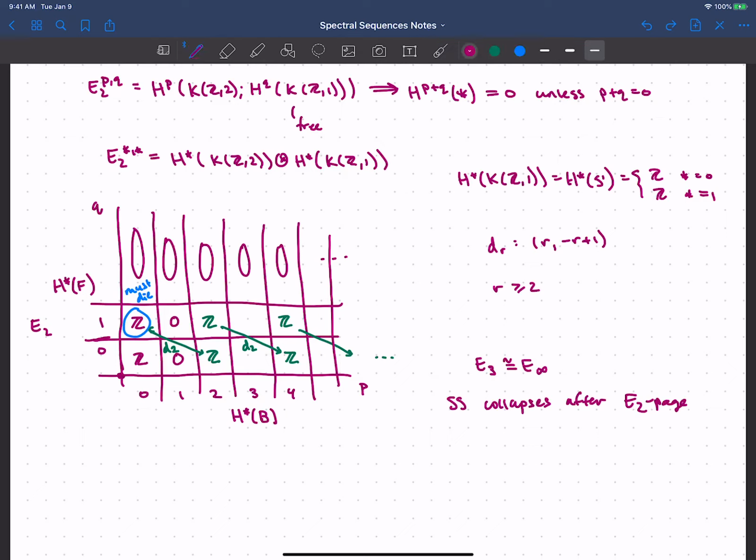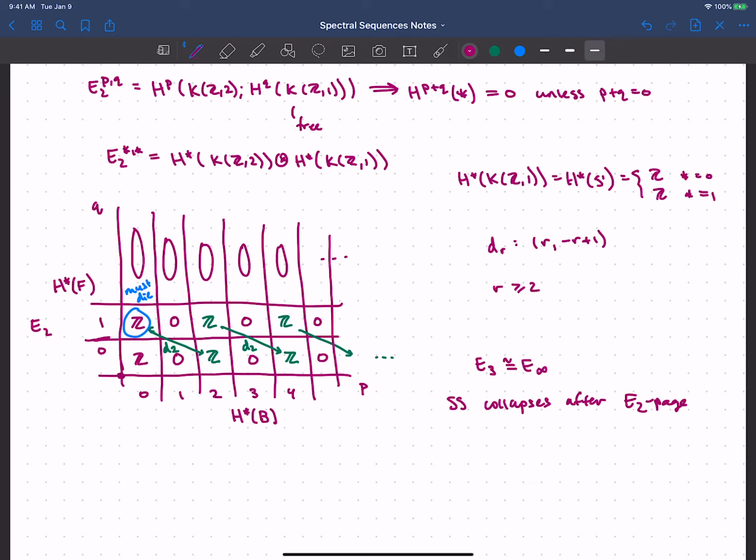So actually I know that this is a 0. And then I just repeat up above, that must be a 0. And I can play the same game here, and then it repeats, and so on. So it's not just that it appears that we only have d2 differentials. Indeed, we only have d2 differentials, and this pattern will continue. And so our E3 page is our E infinity page, and our spectral sequence collapses.